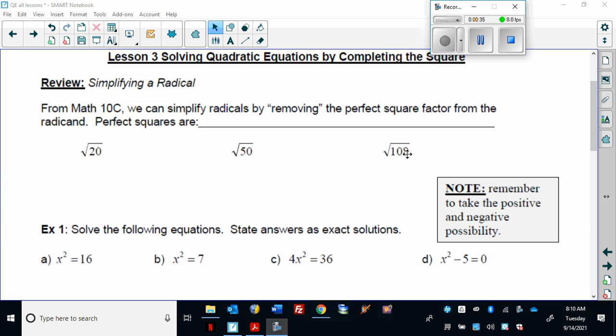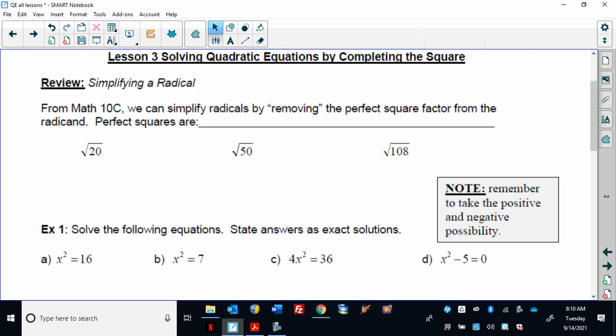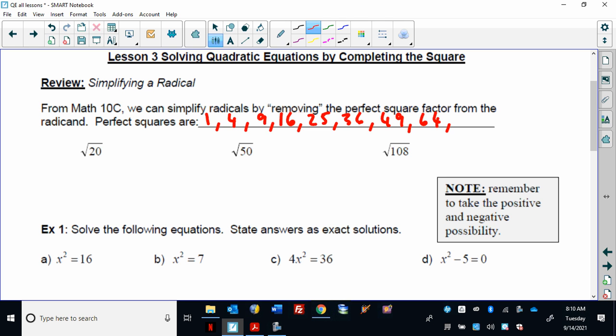For example, 1 squared is 1. 2 squared is 4, 3 squared is 9, 4 squared is 16, and so on. 25, 36, 49, 64, 9 squared is 81, 10 squared is 100, 11 squared is 121, 12 squared is 144, 13 squared is 169, 14 squared is 196, and we'll stop there at 15 squared is 225.